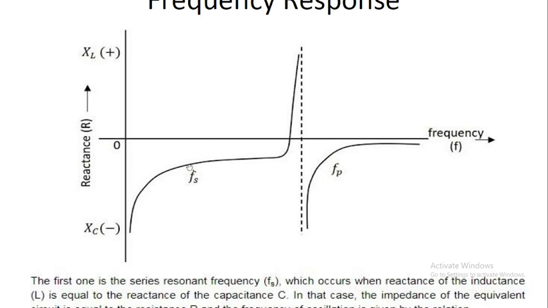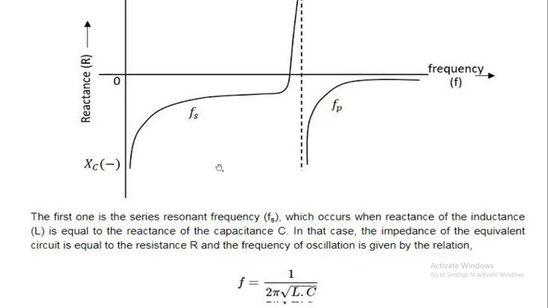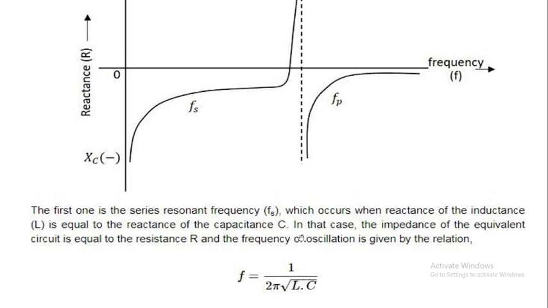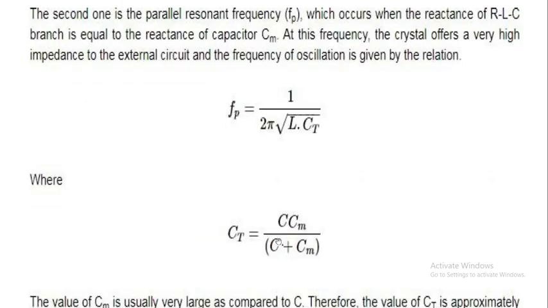The frequency of oscillation can be given as F equal to 1 by 2 pi root of LC, because the crystal oscillator is one type of LC oscillator.